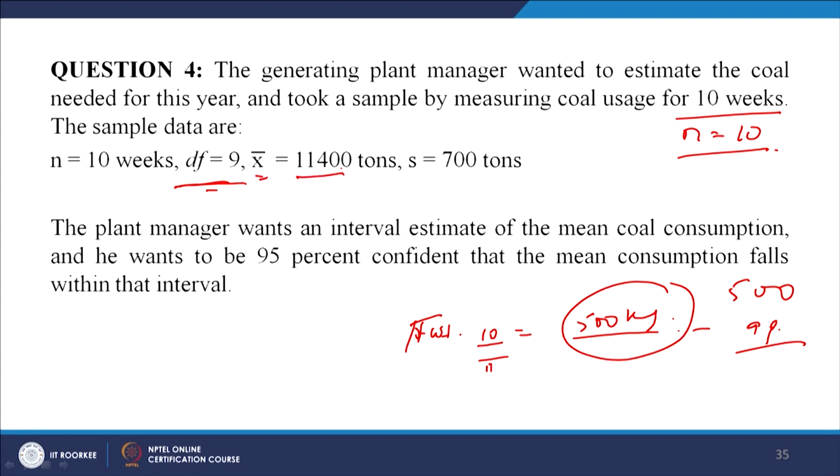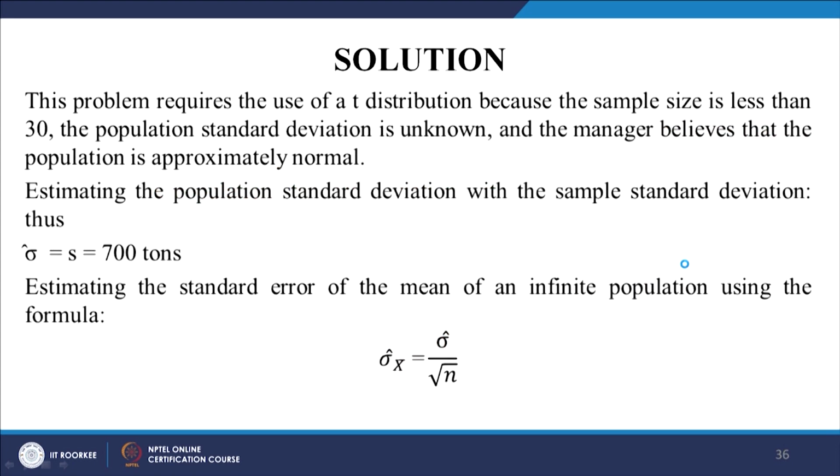The sample mean is this many tons, and the sample standard deviation is given to you as 700 tons. The plant manager wants an interval estimate of the mean consumption, and he wants to be 95% confident. Again, the 95% confidence is split up. This problem requires the use of a T distribution because the sample is less than 30, as discussed.